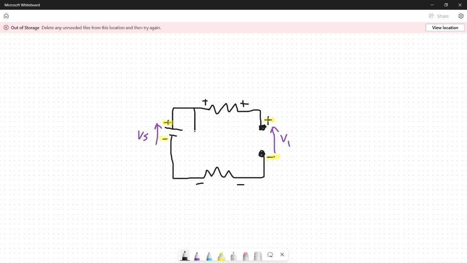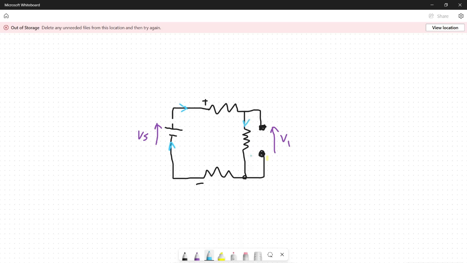If I were to draw, actually, let me draw it here. Let me draw, if I were to draw a resistor here, so now a current will actually start to flow because this current can actually reach that point.